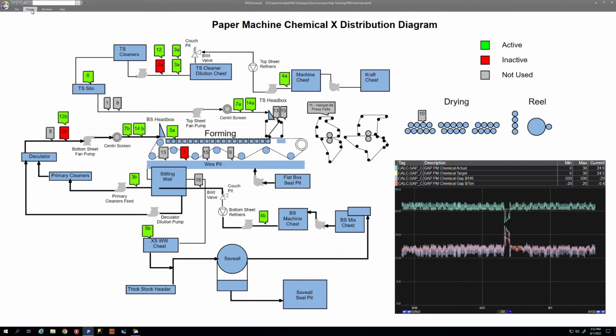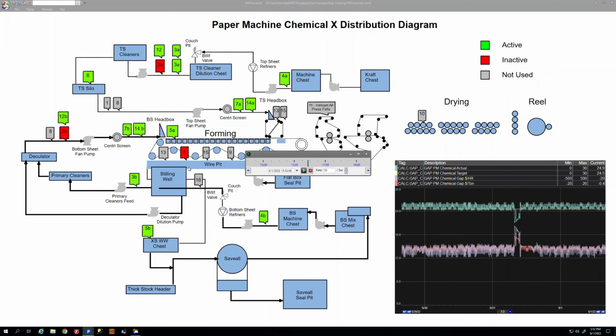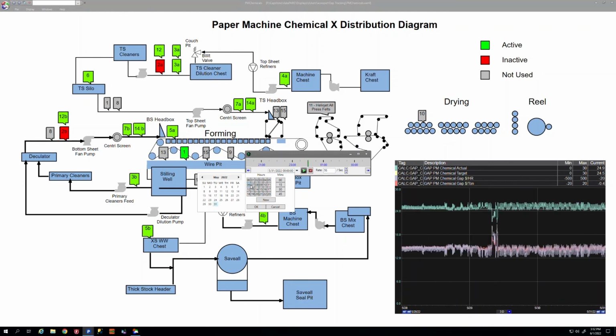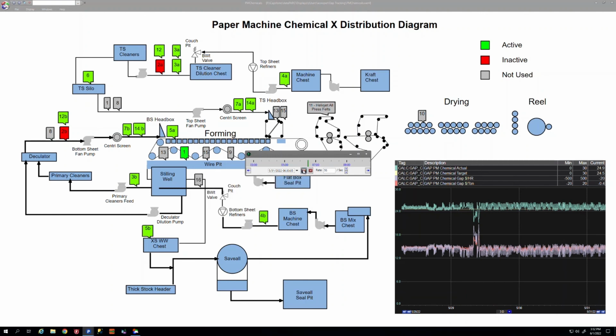We can go ahead and use the playback feature to run our graphic for that time period where we saw the blip. So we'll go back to the previous day and start at 6:30 a.m. And now we're running our graphic as if it were that time.